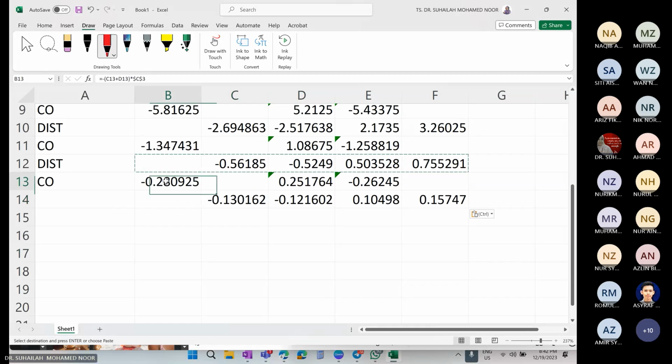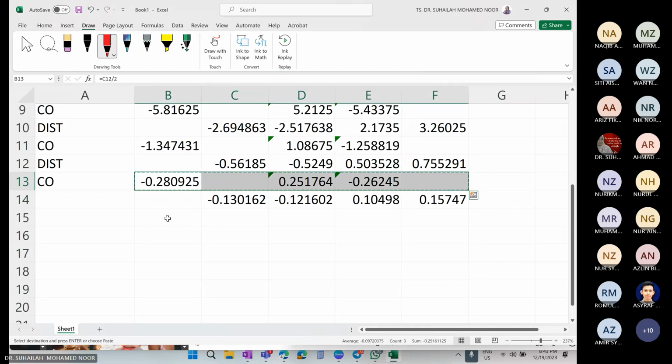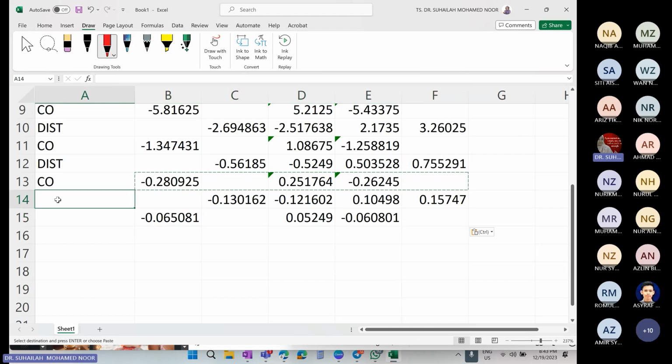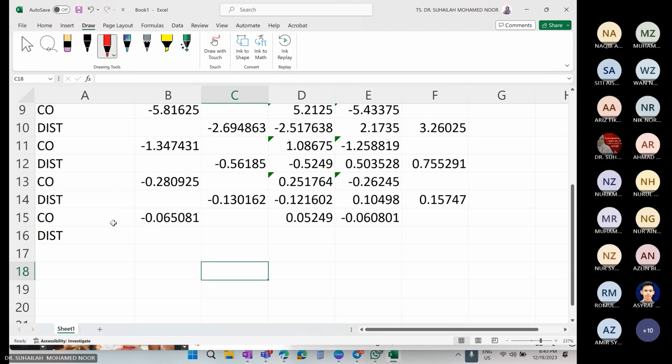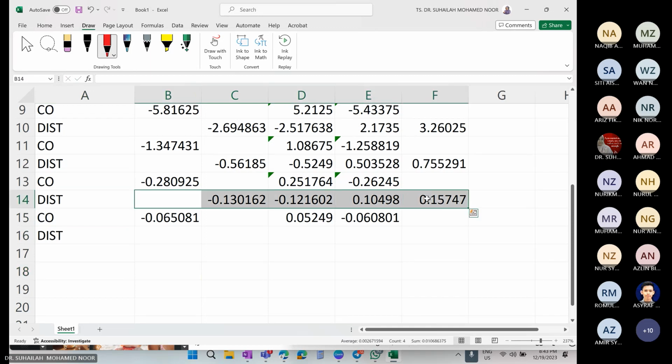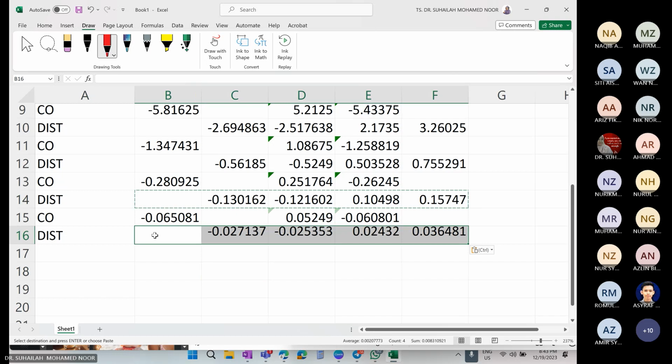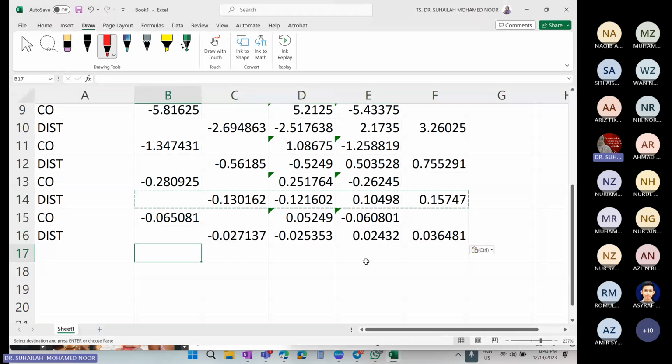Stop must be at distribution, not carryover. If this is carryover, then you have to continue with the last distribution. Normally, we stop at 0.0 something. Okay, this is the last distribution.